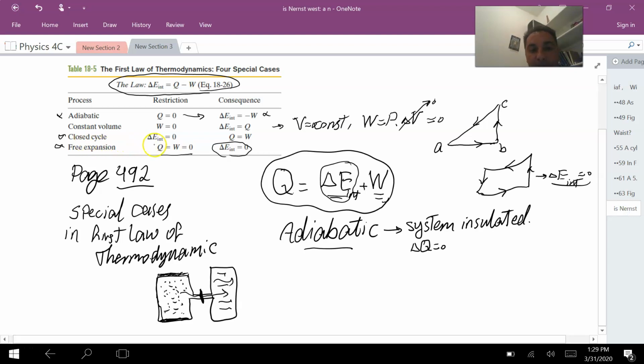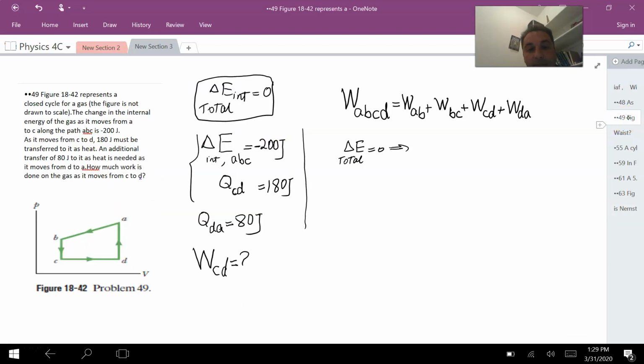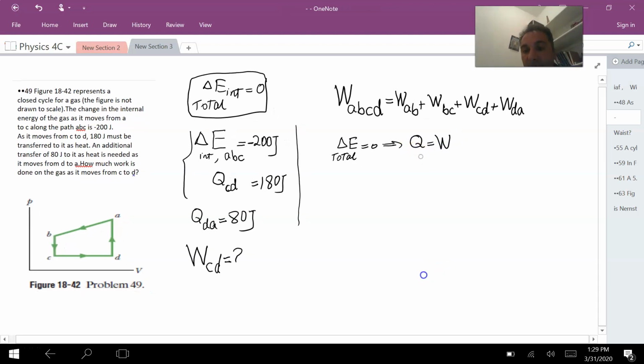When it is a closed cycle, delta E is 0, so Q is equal to W. So Q total is equal to W total. I want you to be patient, please.